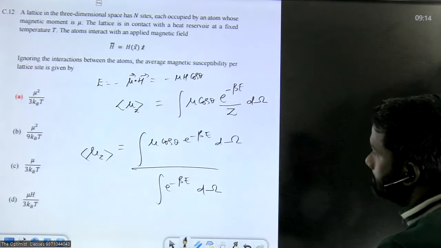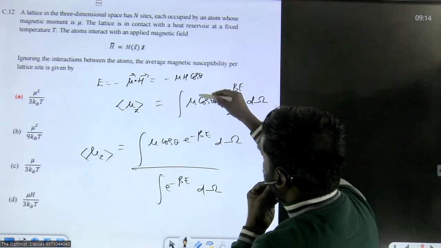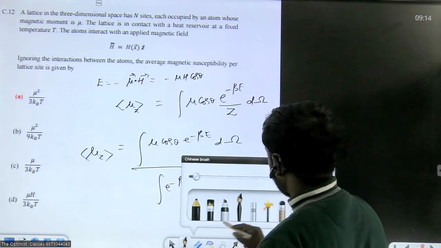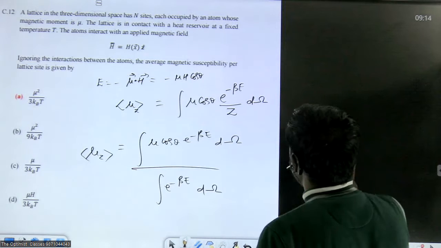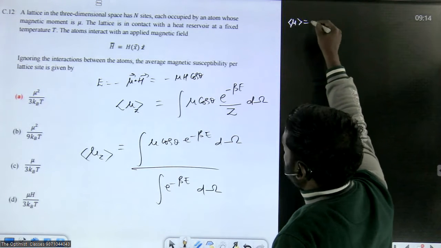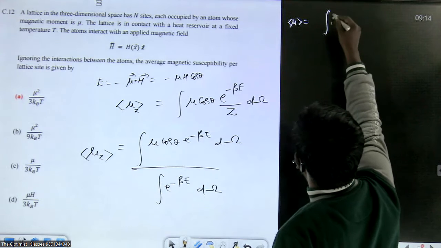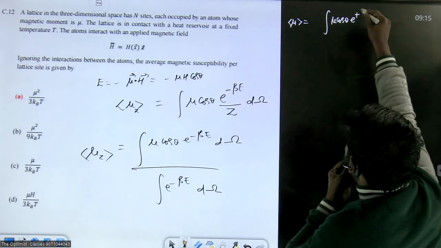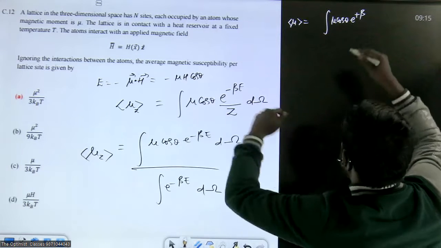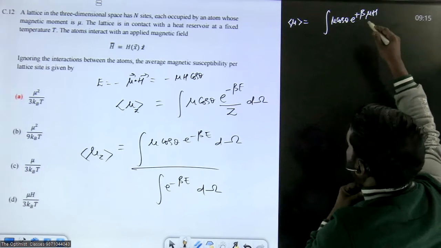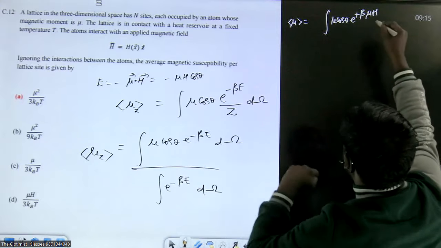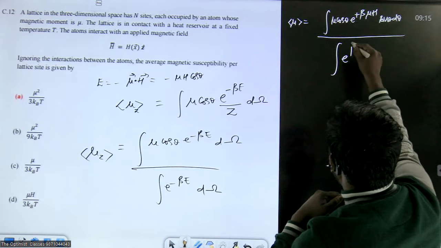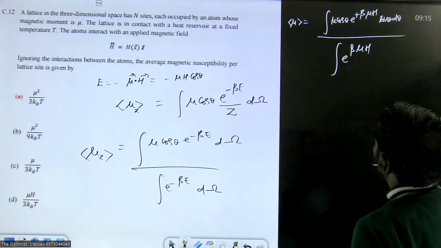All right, so let's put the value of E here. We get the expectation value of mu equal to the integration of mu cos theta e to the power, this becomes plus actually, beta mu H. And with the solid angle, you get here the sine theta d theta term, and e to the power beta mu H cos theta.